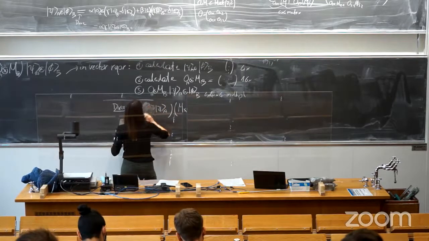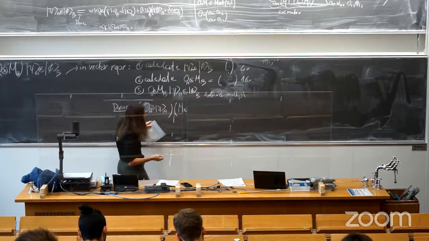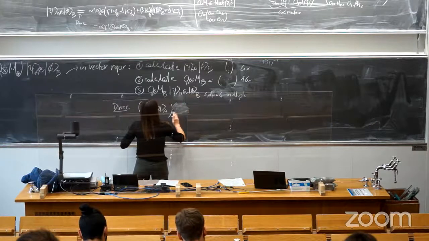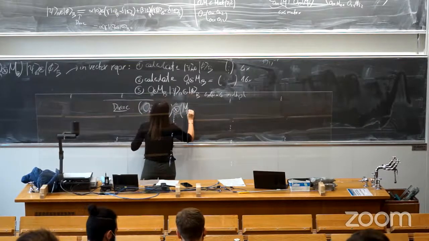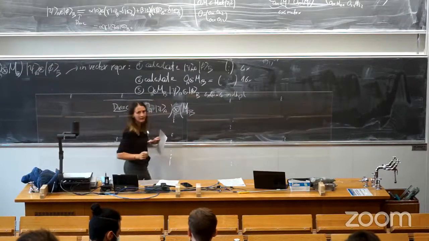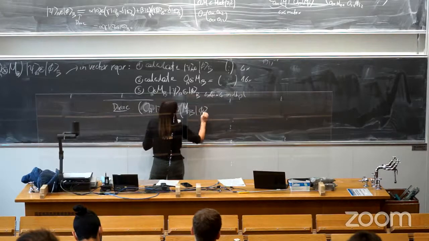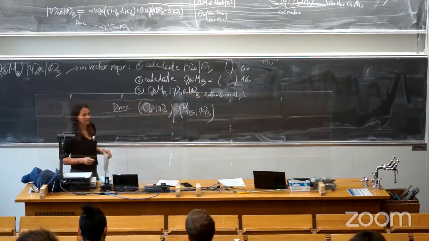So I apply my operator, which acts on the Hilbert space A, to the state which is in the Hilbert space A, and I tensor product it with the operator which is in my Hilbert space B, and I let it act on the state which belongs to this Hilbert space.